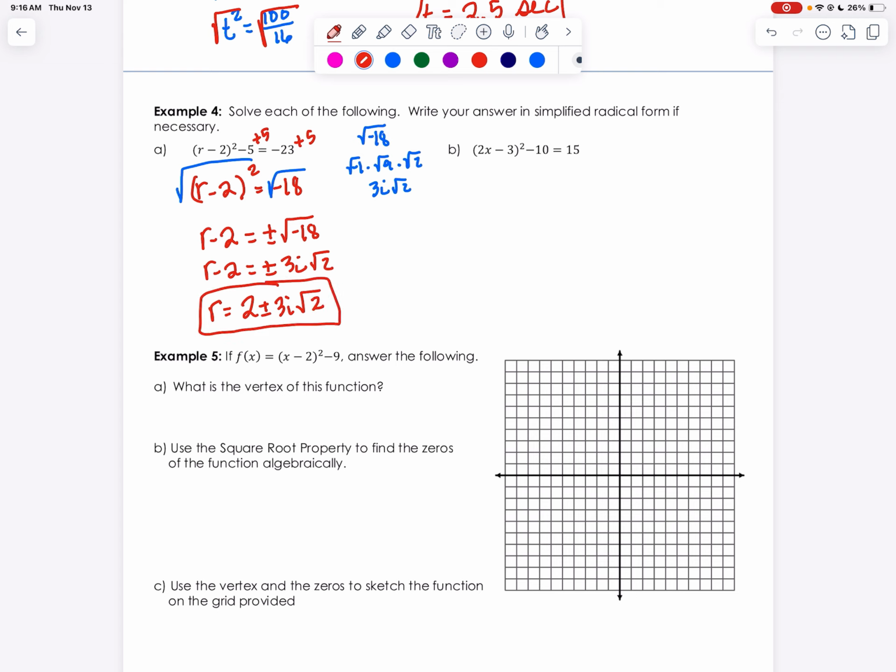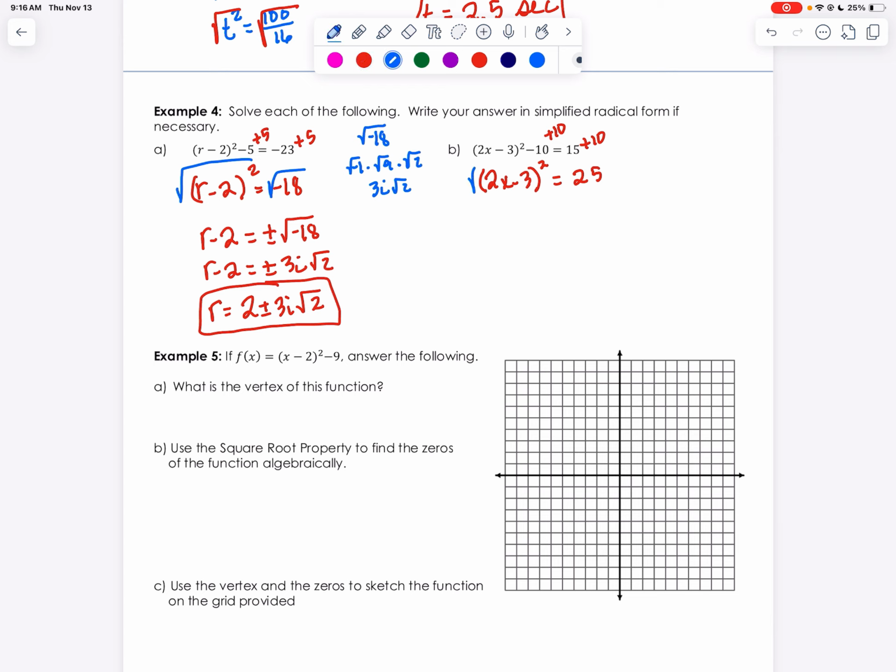All right, problem B. 2x minus 3 quantity squared minus 10 is equal to 15. So I'll start by adding 10 to both sides. And this would leave me 2x minus 3 quantity squared equals 25.